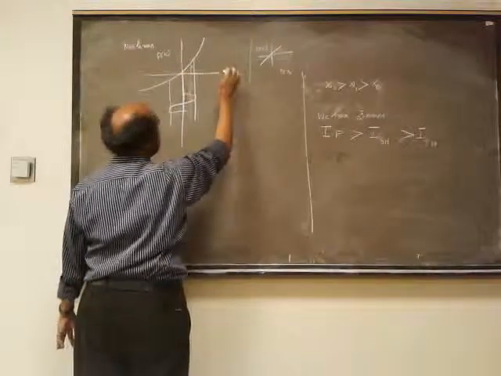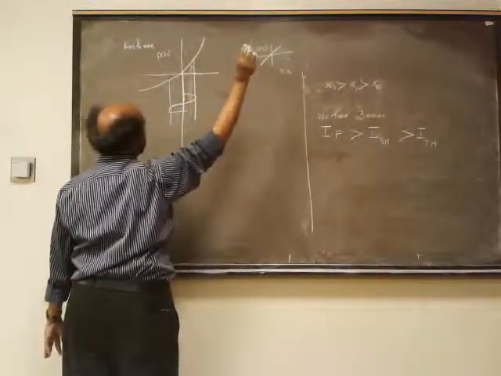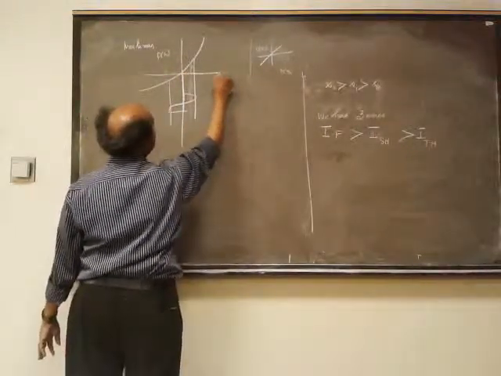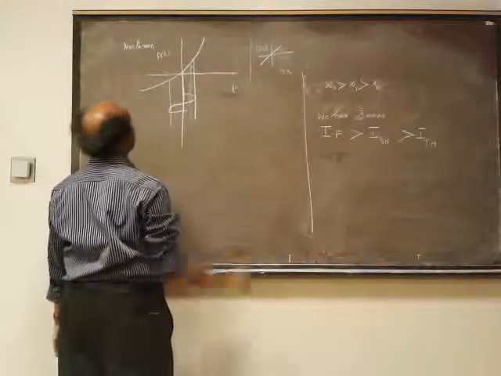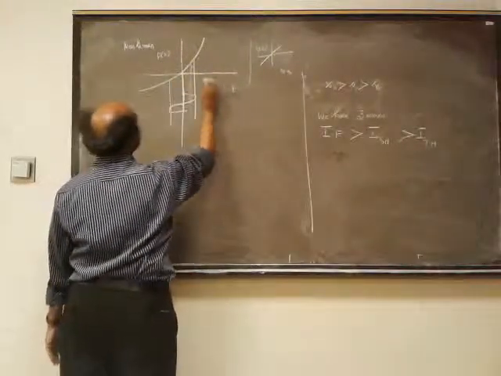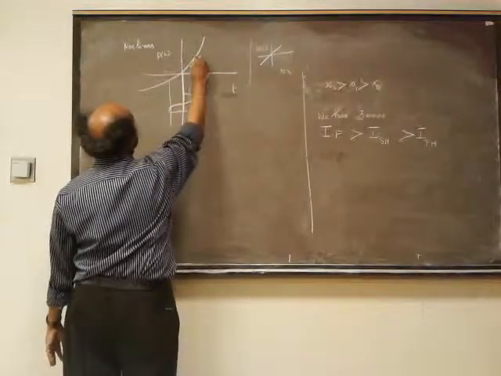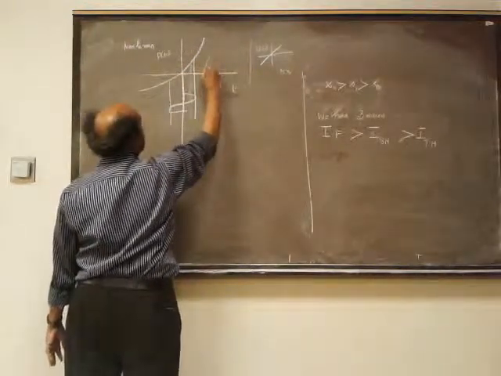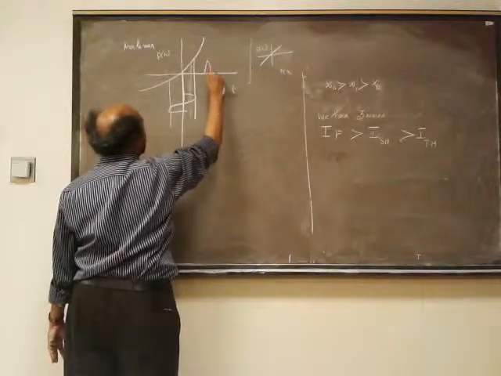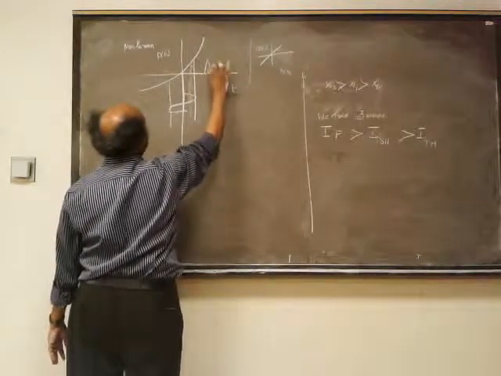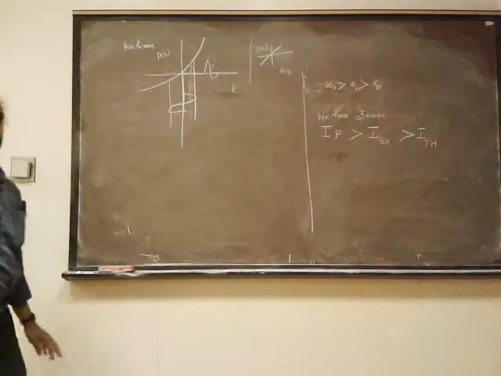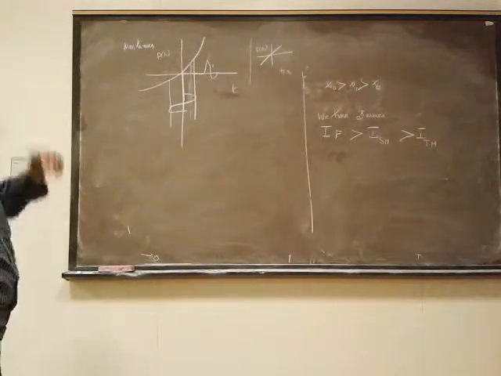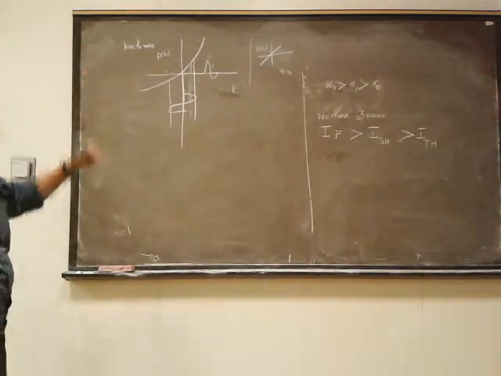The incident frequency is not non-linear, remember. But this will lead to more here and less here. Understand? The polarization is more on one side, less on the other side.